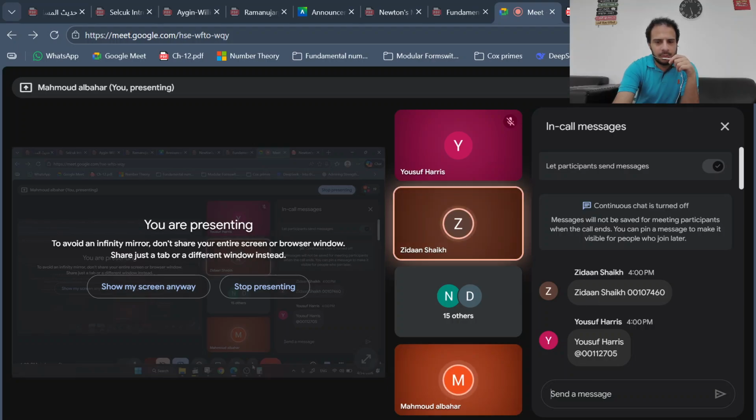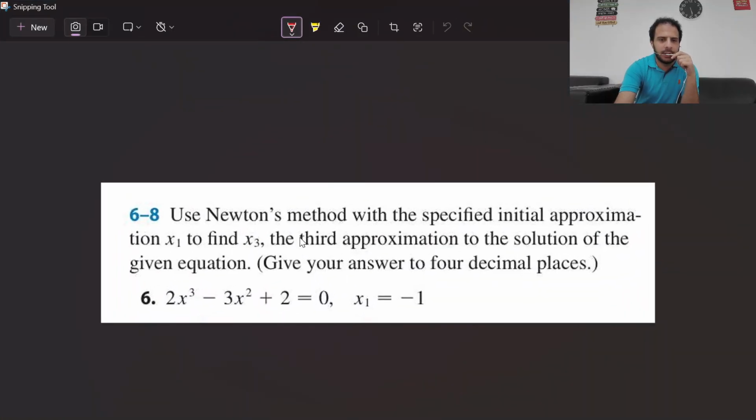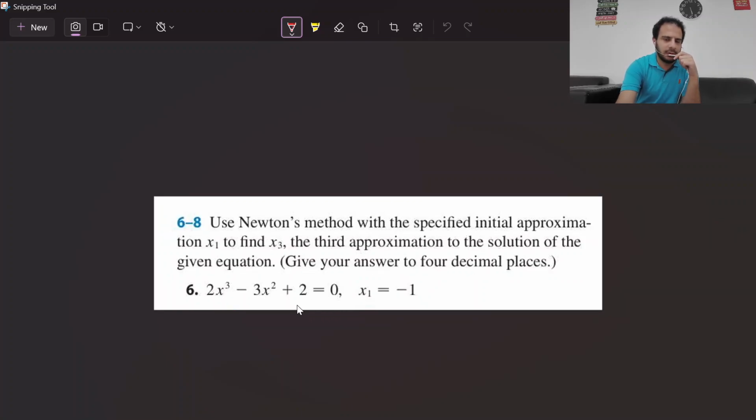I need your help with this problem here. Okay. So, what's the function here? This. Sorry, one second. I can't see your screen.